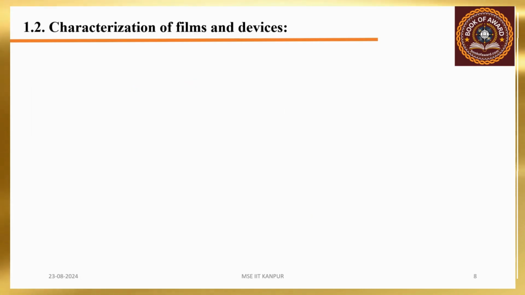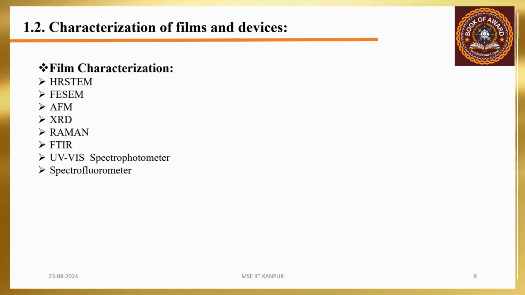We have used different characterization techniques to identify the properties of Pani carbon quantum dots, Pani UV filter, perovskite film, and perovskite solar cells. For film characterization, we have used high resolution scanning tunneling electron microscope, field emission scanning electron microscope, and atomic force microscope.